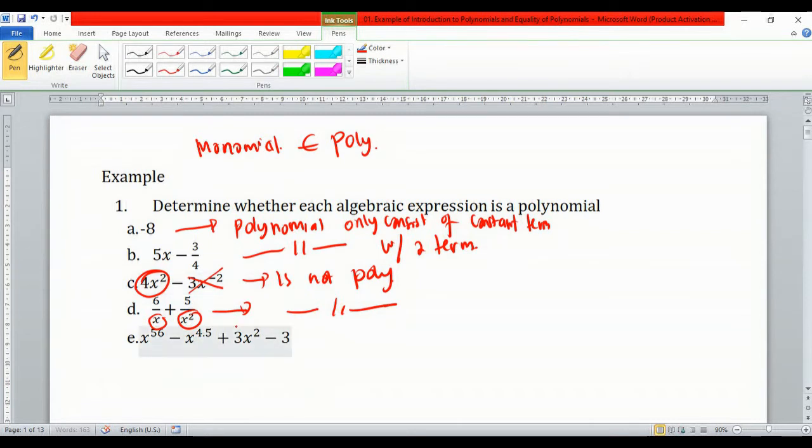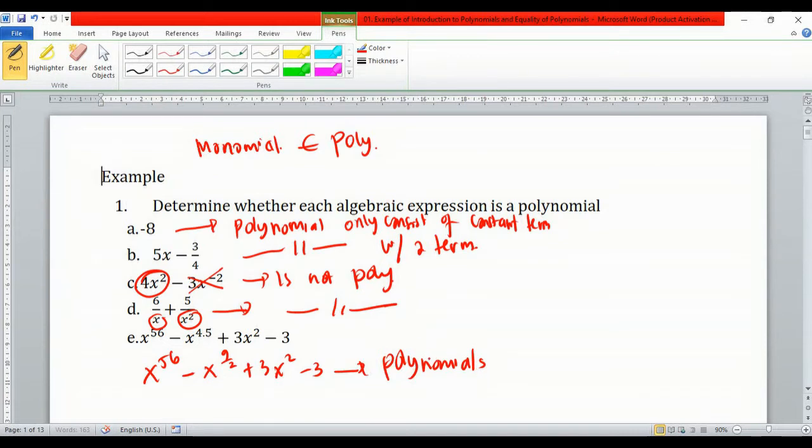How about the last? We can simplify this one to x^5 over 6 minus x^9 over 2 plus 3x^2 minus 3. Because it doesn't have negative powers, this one is a polynomial. I hope you understand how to tell whether it is a polynomial or not.